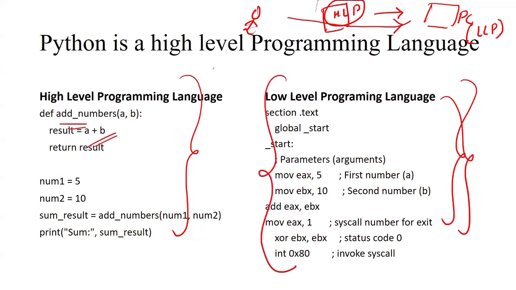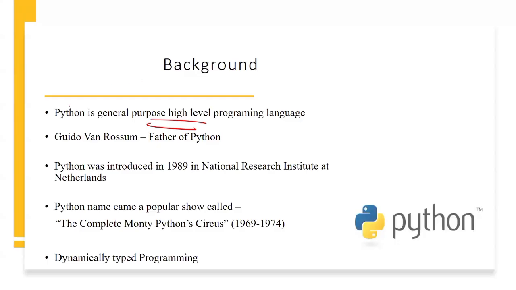I don't know what is this EAX, I don't know what is this XOR, I don't know what is this INT, I don't know what is this start, I don't know this global start. It becomes very difficult for me to understand, and I don't want to bother about this, because the system will understand, I need not understand, right? So that way, Python is very, very easy, because you can understand what you're writing.